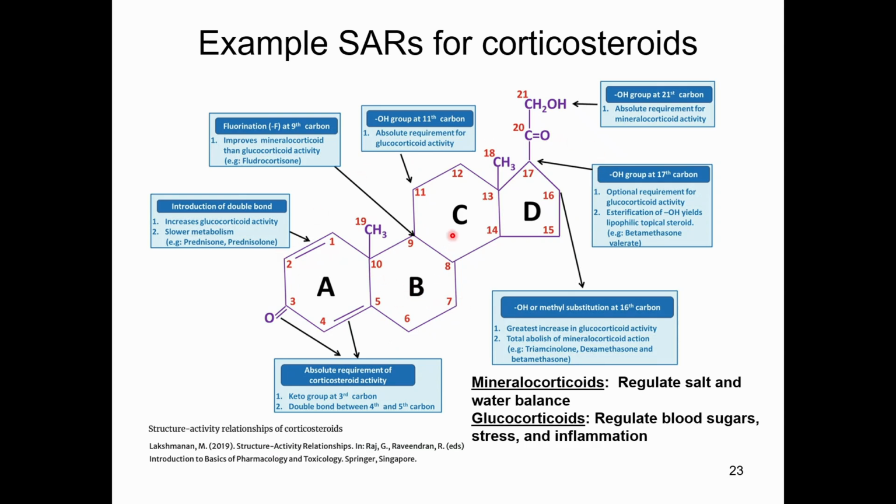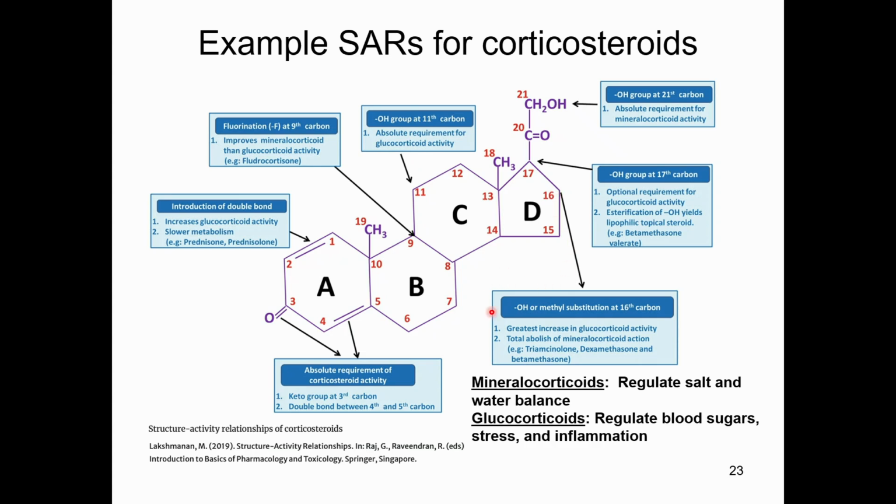The rings are called A, B, C, and D. It's 6, 6, 6, and 5-member rings, and that's the structure of all steroids. And you can see here that by changing different chemical features, it can affect corticosteroids.